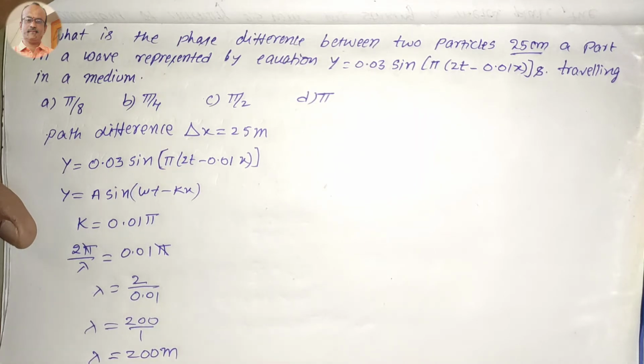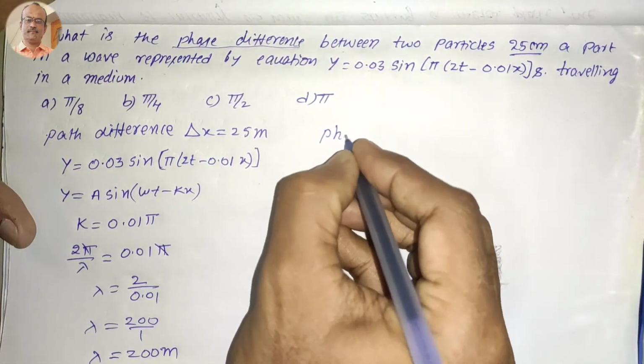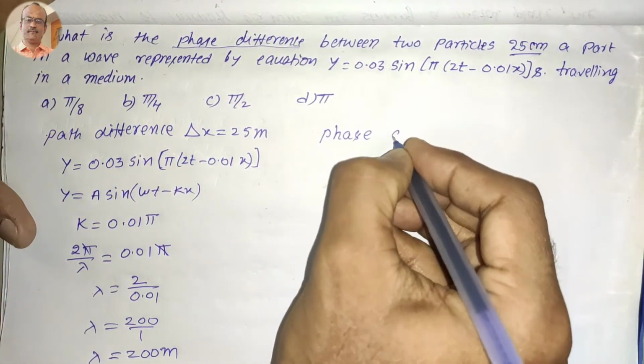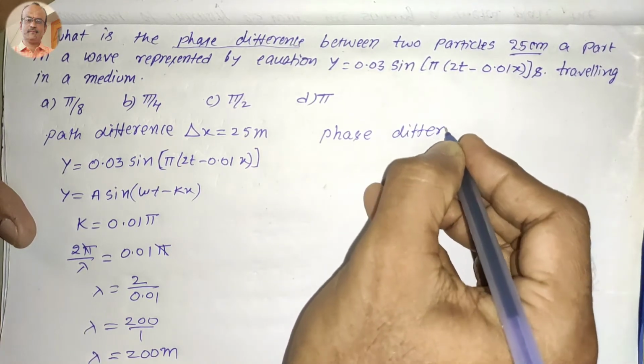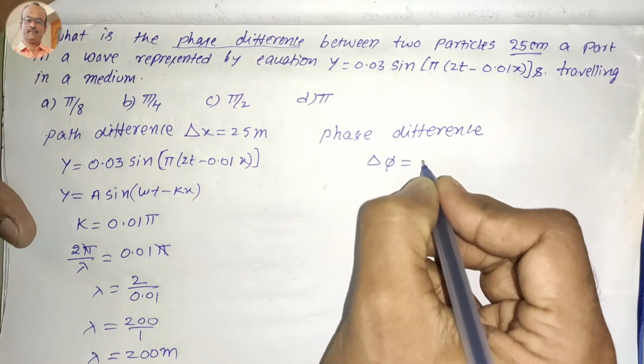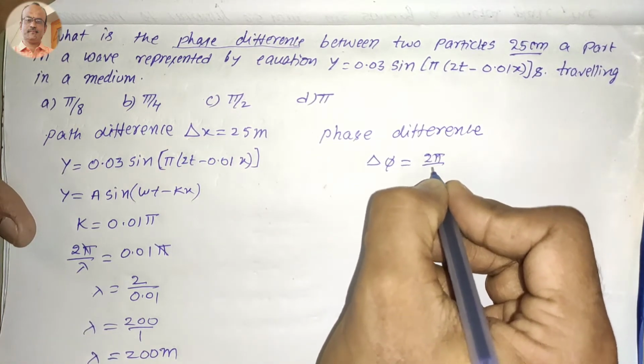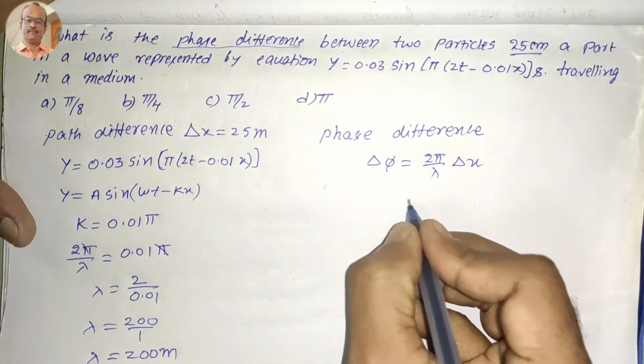But here we had to find phase difference. What is the phase difference required? So that means here phase difference delta phi is equal to 2 pi by lambda into path difference.